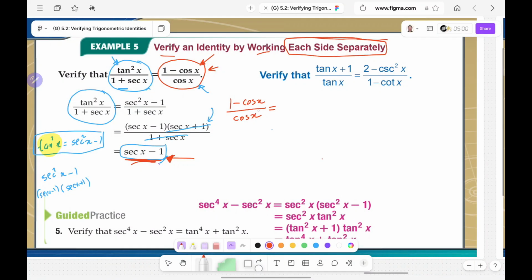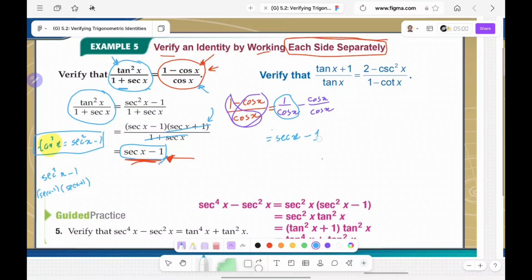So let's simplify this. To simplify this, 1 over cosine x, minus cosine x over cosine x. Now let's simplify this. 1 over cosine is the same as the secant x, because they're reciprocals.